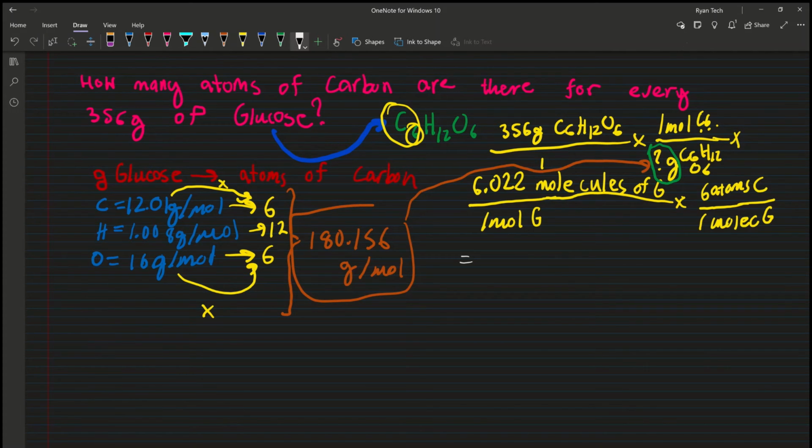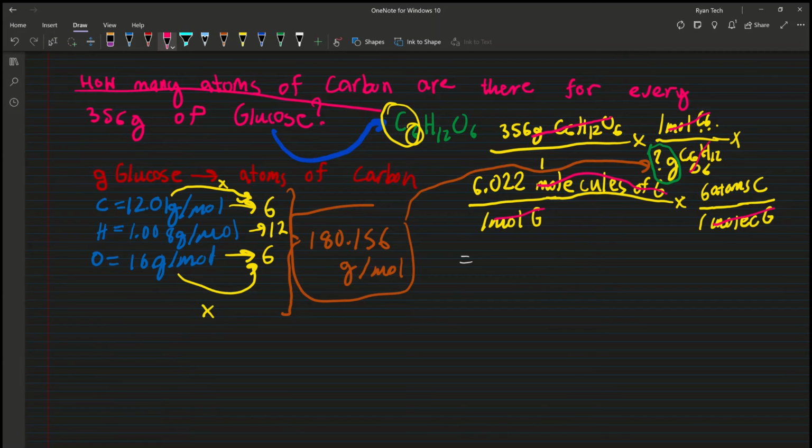And yet again, to confirm that we've cancelled out our units, grams of C6H12O6 are cancelled out with grams of C6H12O6. 1 mole of glucose is cancelled out with 1 mole of glucose. Molecules of glucose also cancel out with molecules of glucose. And we're left with atoms of carbon, which is what we wanted, because they asked how many atoms of carbon are there.